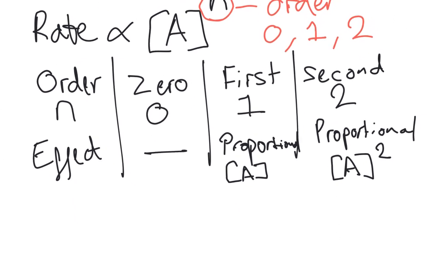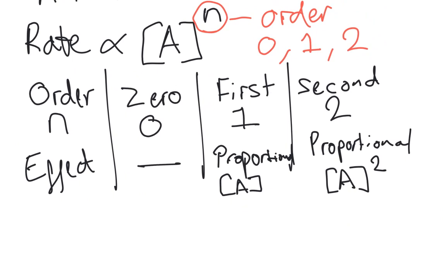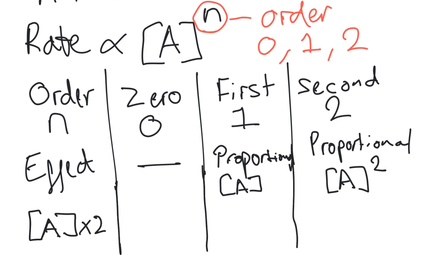Let's take it down a little bit and see whether we can make this a little more logical, make a little more sense. So, for instance, what would happen to the rate of this reaction at the very top that we had a moment ago, if I doubled the concentration of A?